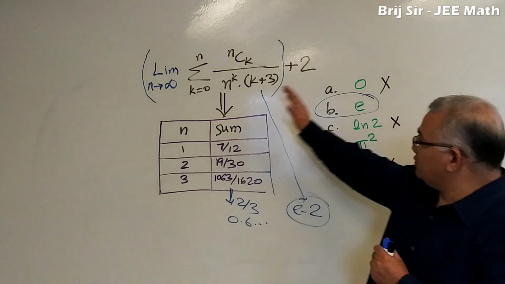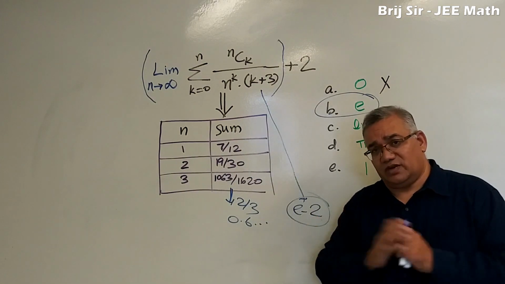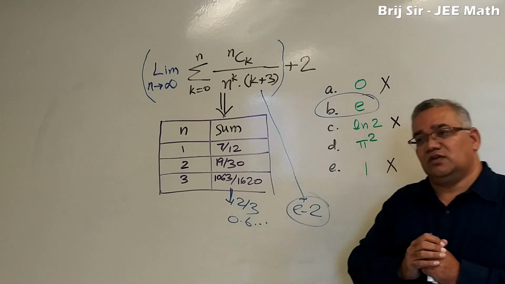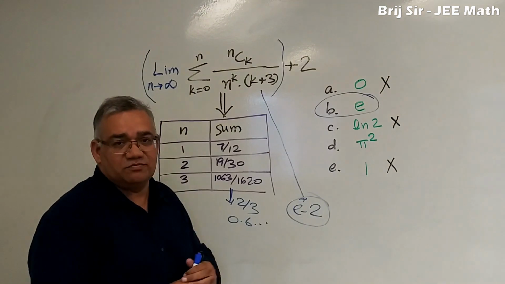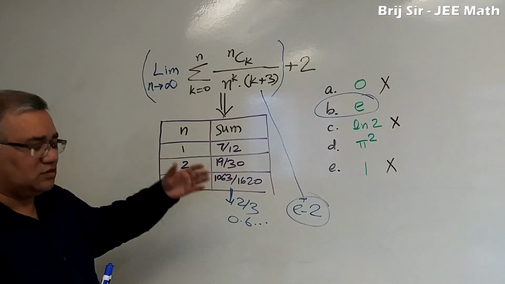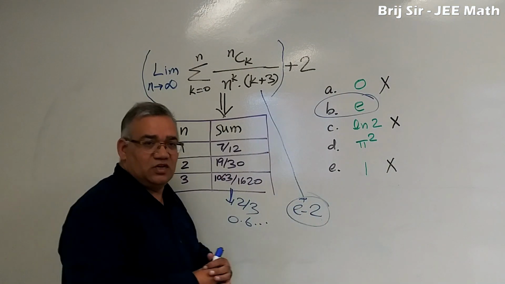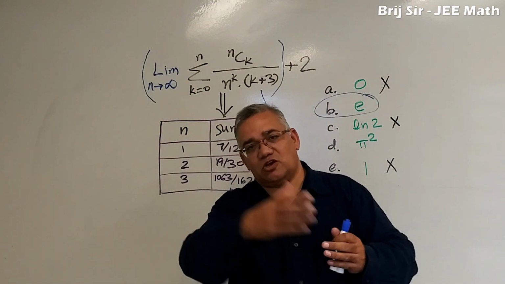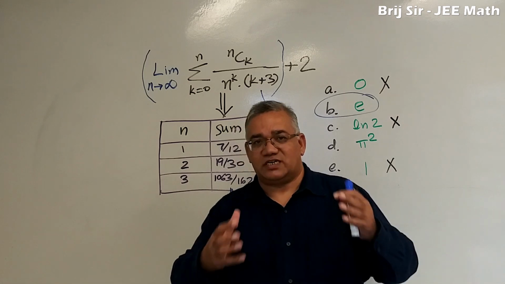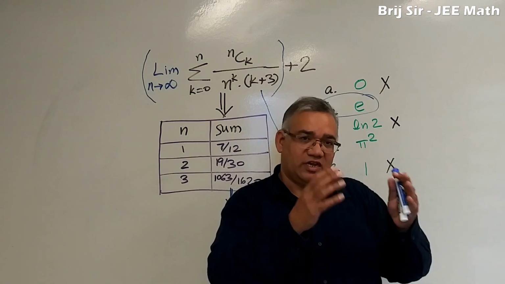Remember, if you solve this problem in 5 minutes, good. But a person who solves this same problem in 3 minutes or 2 minutes like this, who is the winner? The person who is taking less time, because the time you save in one problem, you can use to solve another complex problem. Remember, time is the greatest weapon you have in your hand.